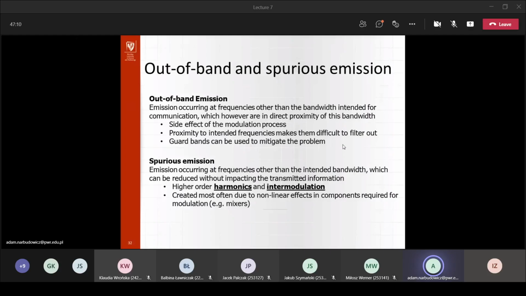And this is typically in the frequencies in direct proximity of the bandwidth. So that's the definition.